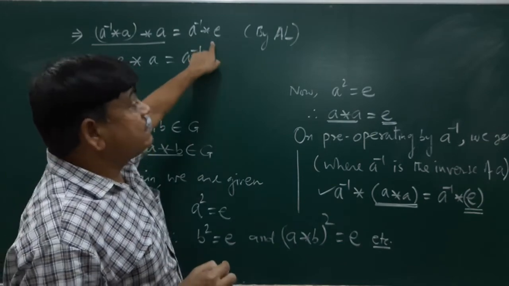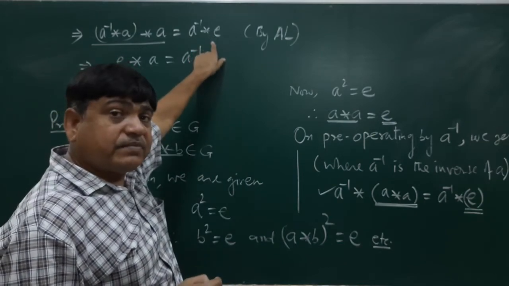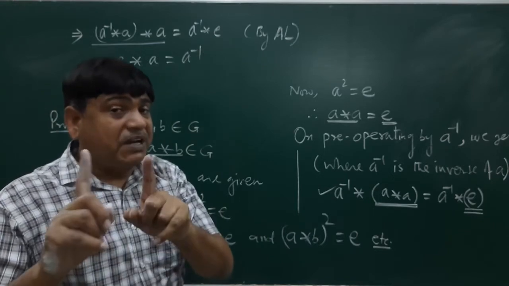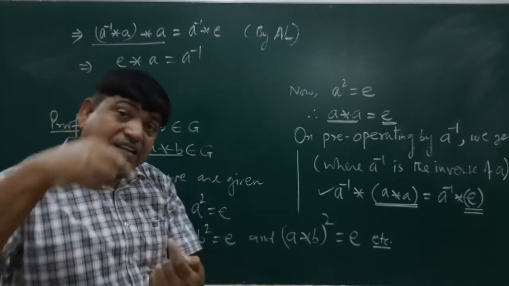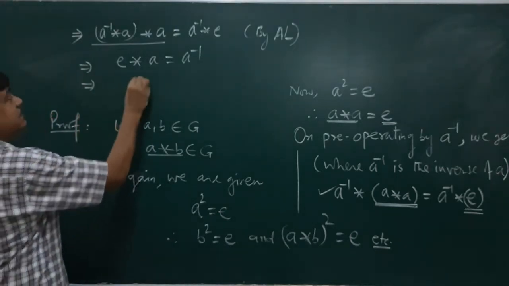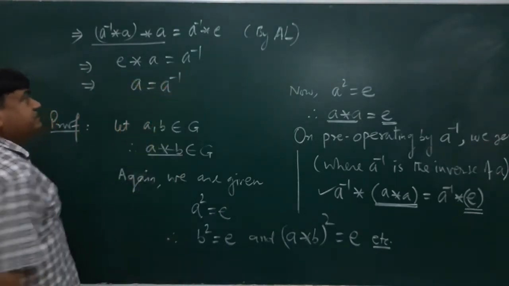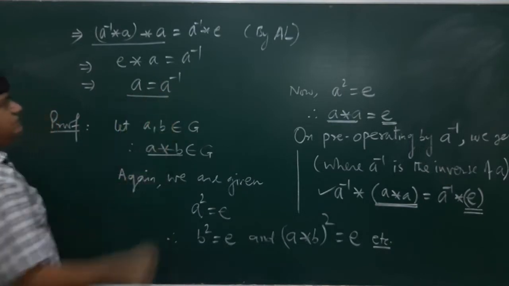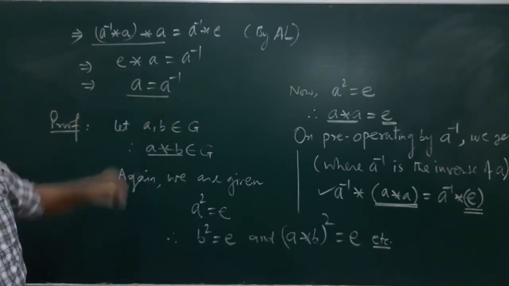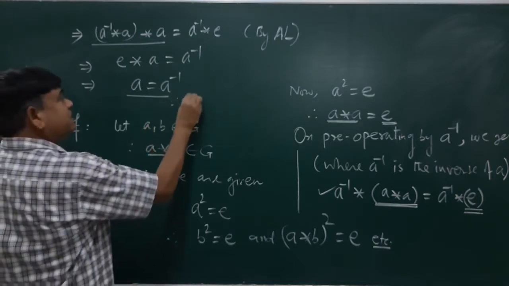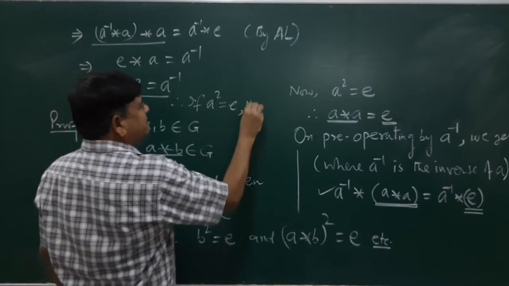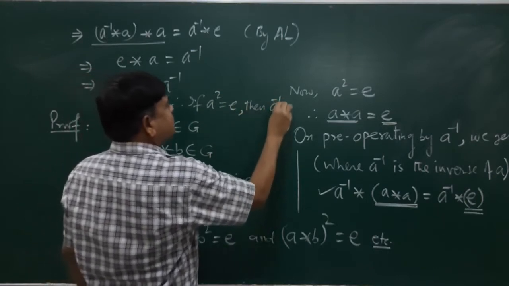So here A is the identity element of the binary composition in G. Okay, so here is the identity. This is A equals A inverse. Therefore, if A square equals E, then A inverse is A.